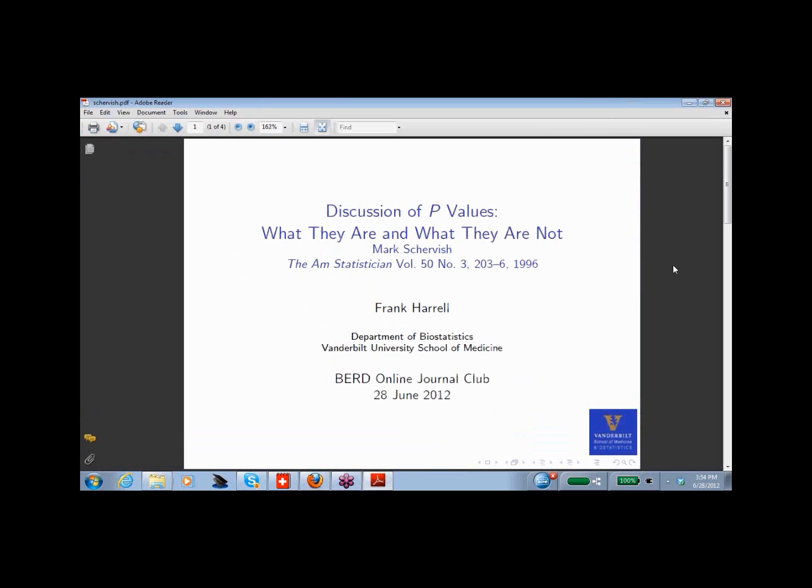In section 3, he talks about one hypothesis that implies another: a hypothesis H such that if H is true, H prime has to be true. An example of that is if the hypothesis is that the population mean is between plus or minus 0.5, then you automatically know it's between minus 0.82 and plus 0.52.